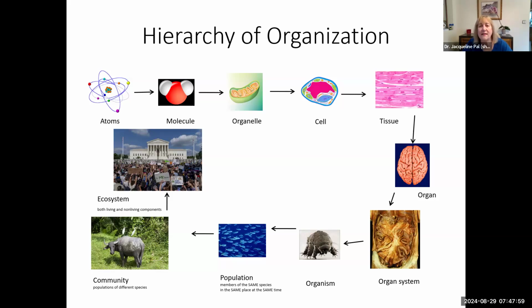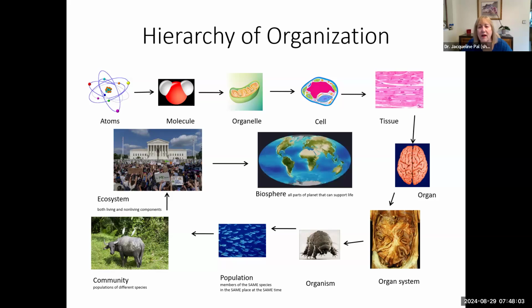And then our last level, our biggest level of organization, is the biosphere, which is all parts of the planet that will support life. All right. So take a moment, work your way through this before you continue. All right. So that's the first of the 7 characteristics of life.